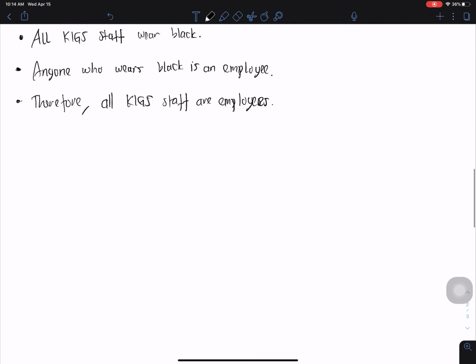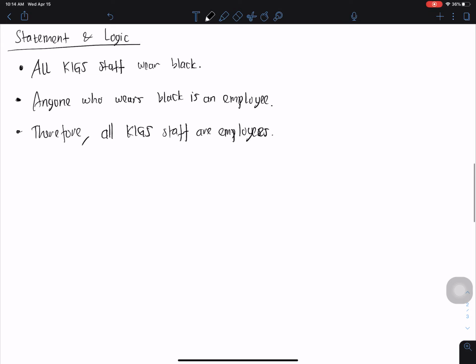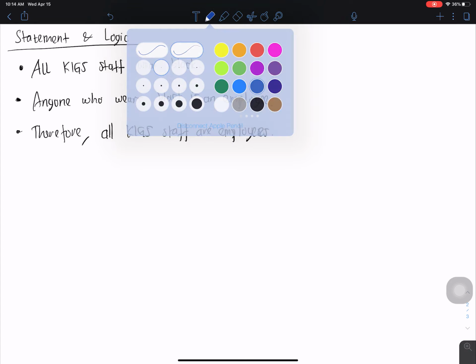So coming back to here, all KIGS staff wear black. Assume you are IGS students, and from the first day you enrolled in the program in this college until today, you did see that all KIGS staff always wear black. So you can tell that the first one here is true.